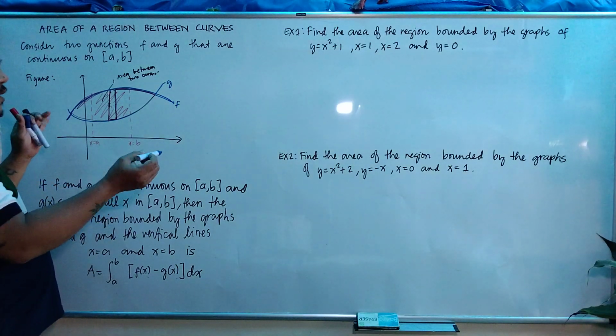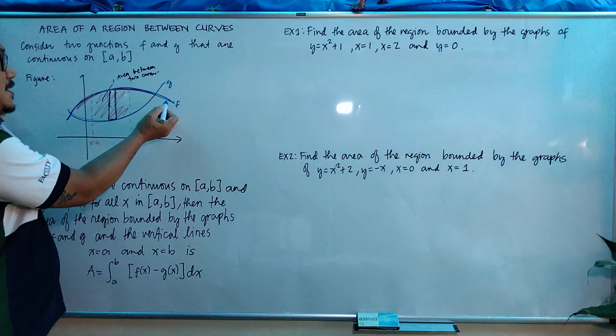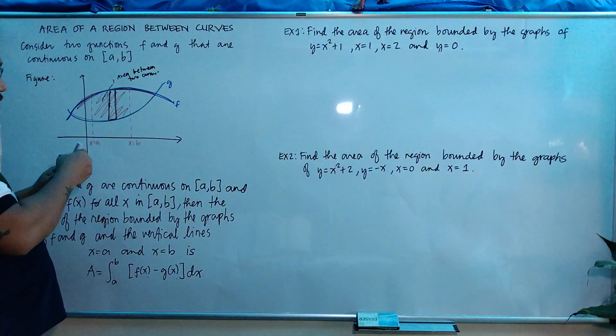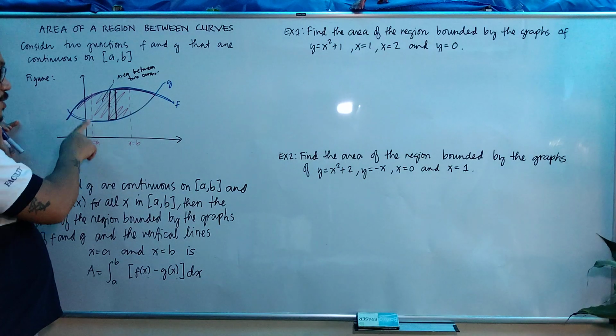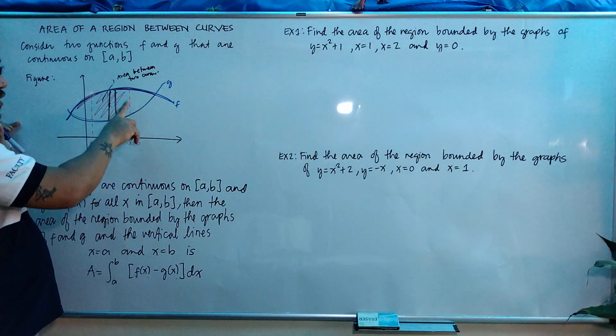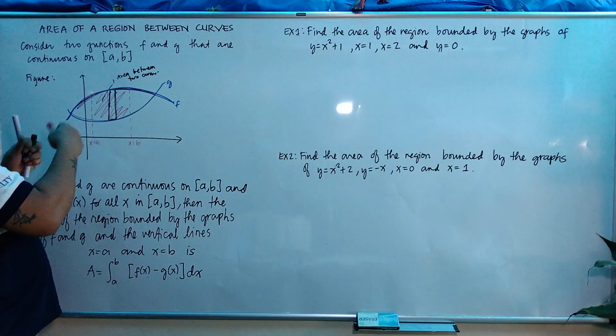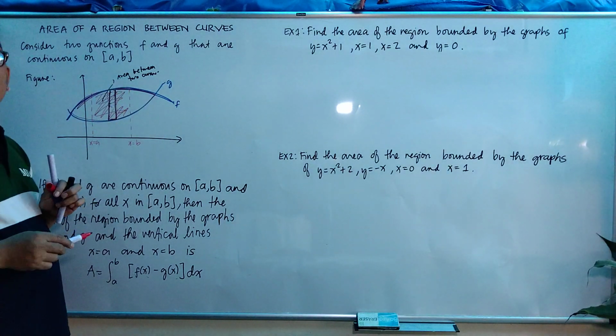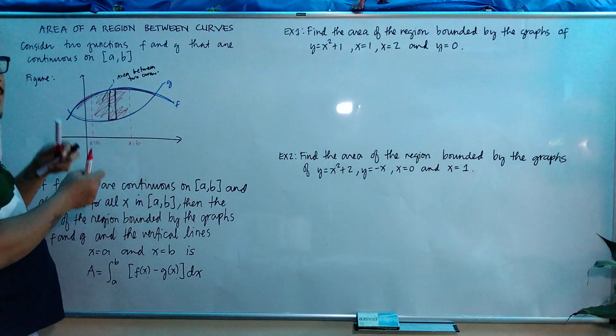So, in this particular figure, si f nasa ibabaw, then si g nasa ubos. Okay? Between the lines x is equal to a, then x is equal to b. So, bounded siya. So, kani siya nga akong gi-shaded din, yung part is what we call the area between two curves. Area nilang duwa. Okay?